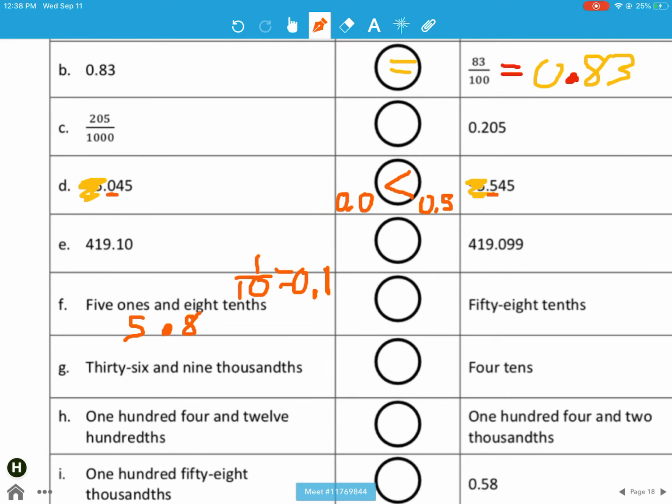Now over here it says tenths, so that means my 8 is in my tenths place, and the 5 is going to go in front. And you see those are the same. They're the same.